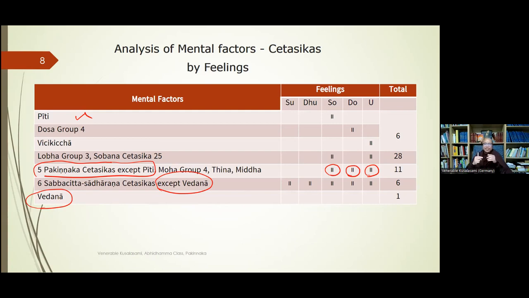So there's only one. That's why we have to exclude it. So out of the 7 universal mental factors, 6 universal mental factors have, sorry, no, 5 feelings. Yeah, 5.